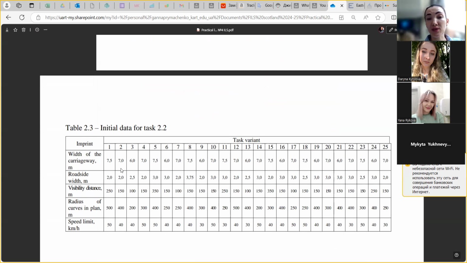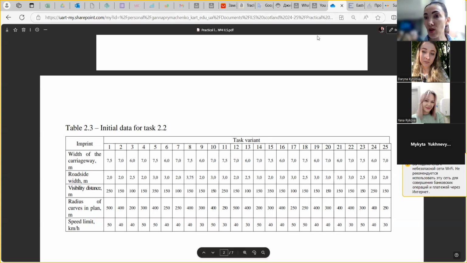So find this information for your variant. For example, if you have variant number 1, it was 7.5 meters. If you have variant number 2, it is 7 meters, and so on. Please remember this information. You don't write it in your formula, only remember it, please.